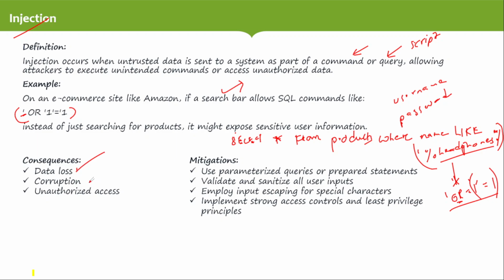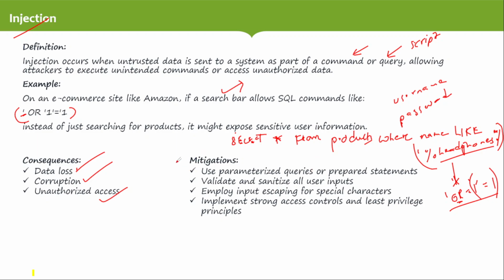Then corruption, so the data can also be modified. If the attacker modifies the statement with his own query, he can corrupt the database. Or unauthorized access also, right? The user gets access to the database.